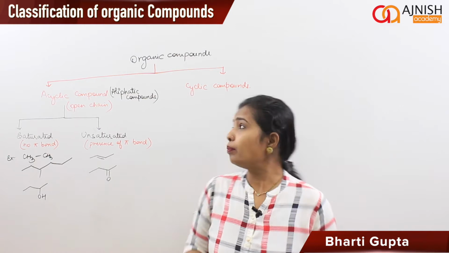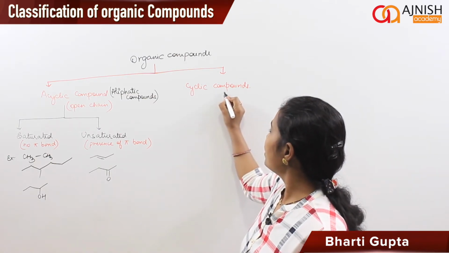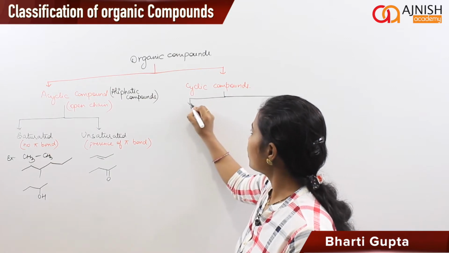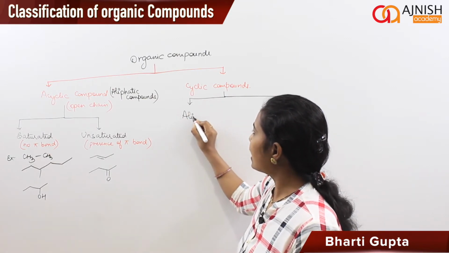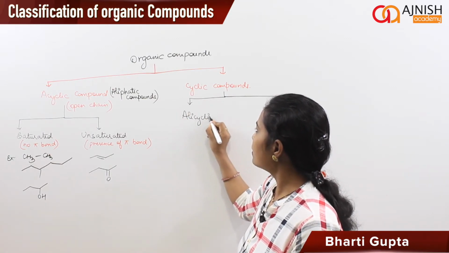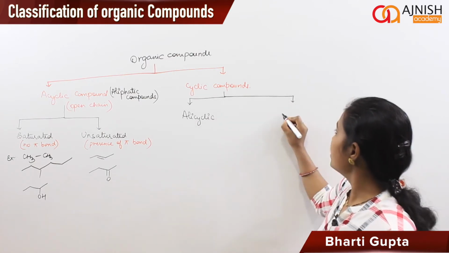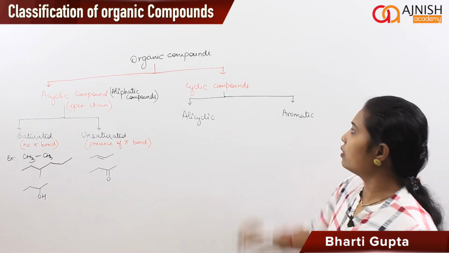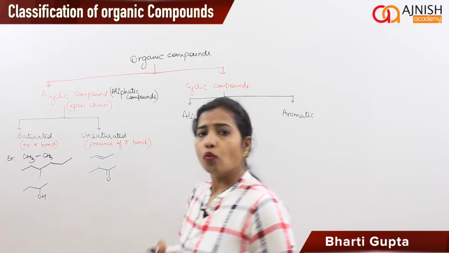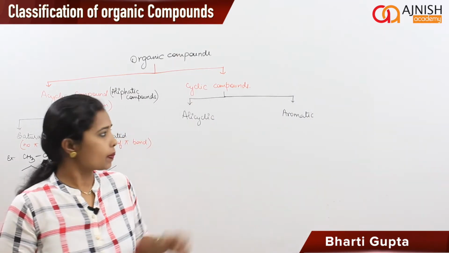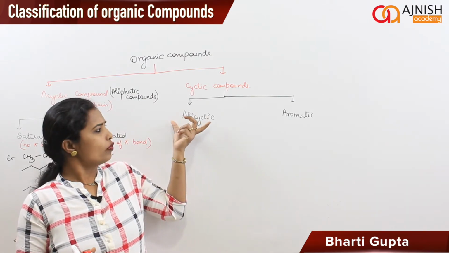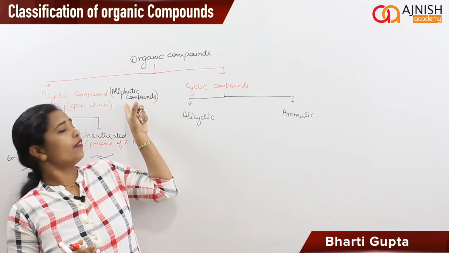Moving on to the next category, cyclic compounds. Now these cyclic compounds are classified into two further categories. One is alicyclic and the other one is aromatic. Now what are alicyclic compounds? Alicyclic is a combination of two words, cyclic and aliphatic.